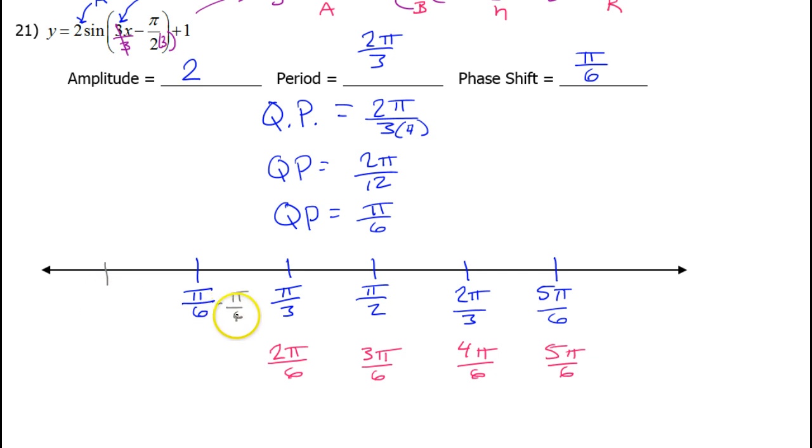But minus pi over 6 is 0, isn't it? That tells me that the y-axis is actually going to go right here. So I am going to go ahead and throw down my y-axis. I might need that later. So there's my y-axis. So I'm going to erase all this business and get it out of my way.